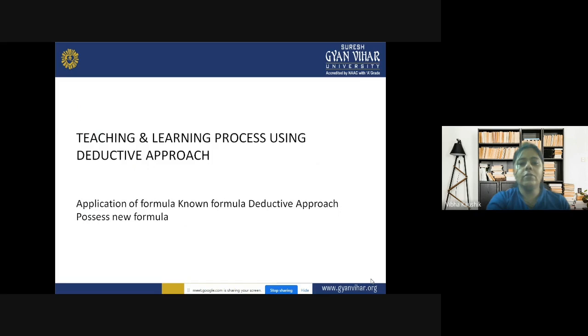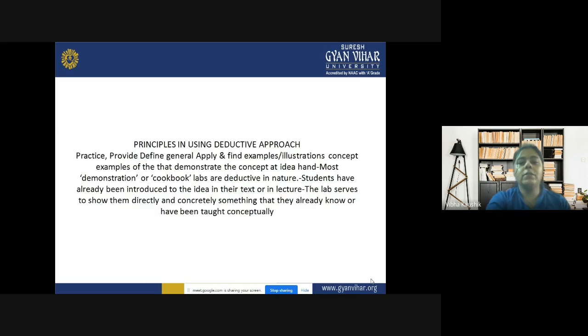Teaching and learning process using the deductive approach: application of a known formula, and process of a new formula. Now, principles in using the deductive approach: practice, provide, define, apply, and find examples related to that.